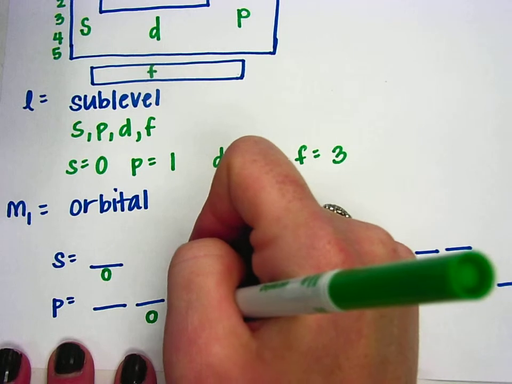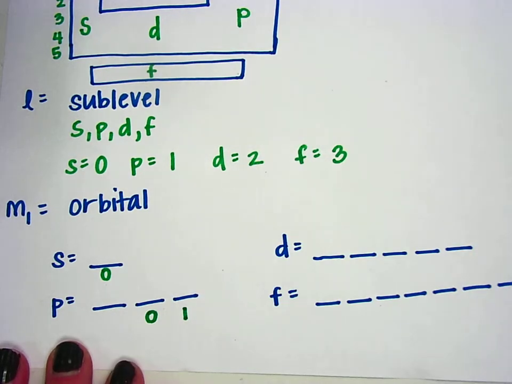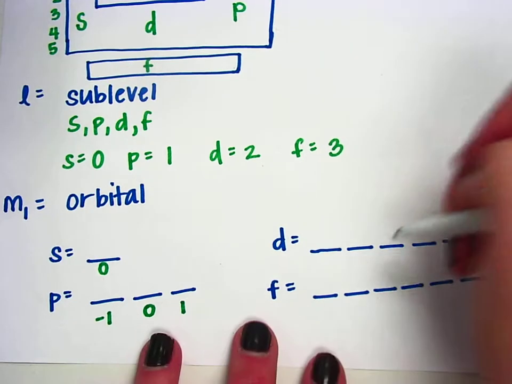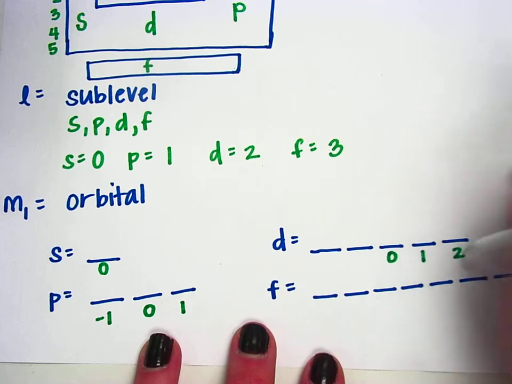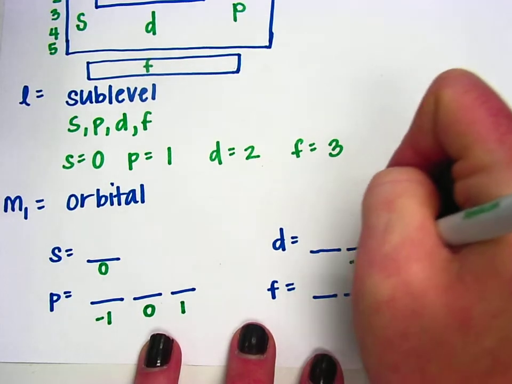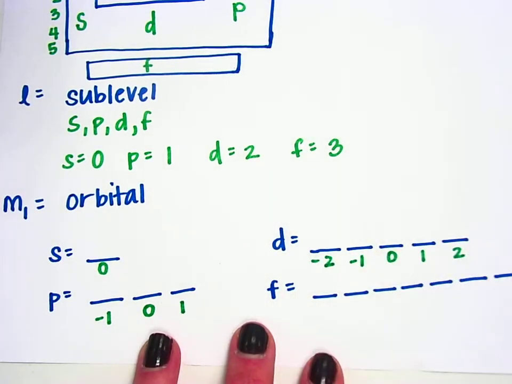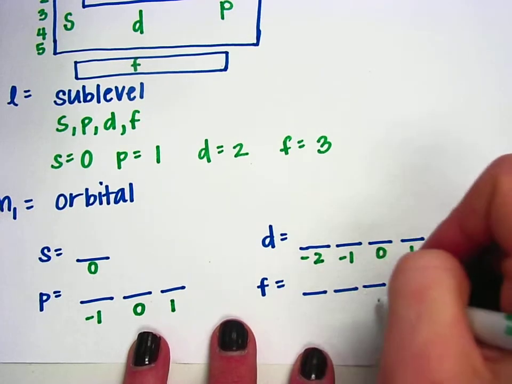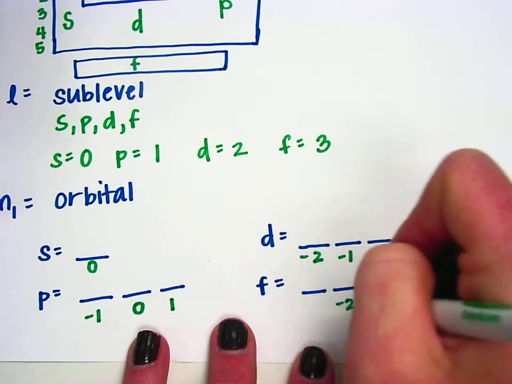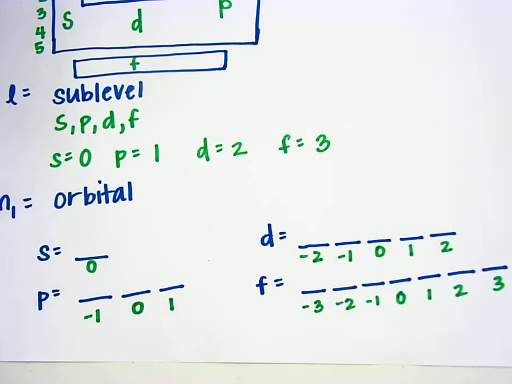Everything to the right is going to be positive, and everything to the left is going to be negative. Okay, so for D, I'll start in the middle, then I'll have 1 and 2 on the right, and -1 and -2 on the left, and then I'll do the same thing for F. So in the middle, I'll put 0, 1, 2, and 3, -1, -2, and -3.